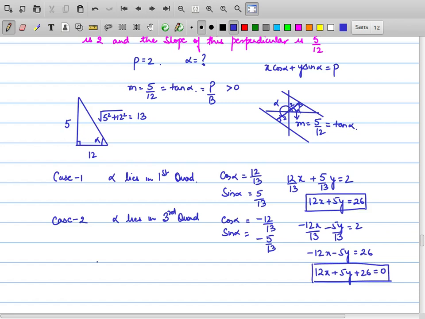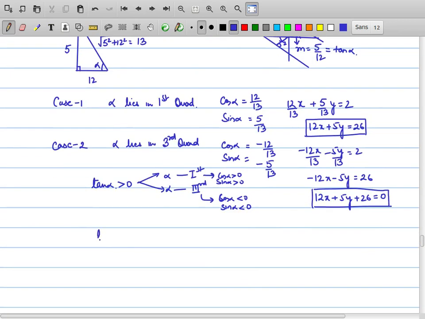So always remember then that whenever tan alpha is positive, you have two cases. Either alpha lies in the first quadrant or alpha lies in the third quadrant. In the first quadrant, cos alpha is positive, sin alpha is also positive. In the third quadrant, cos alpha would be negative as well as sin alpha would be negative. Similarly, if you find that your tan alpha is negative, alpha lies in the second quadrant or the fourth quadrant.